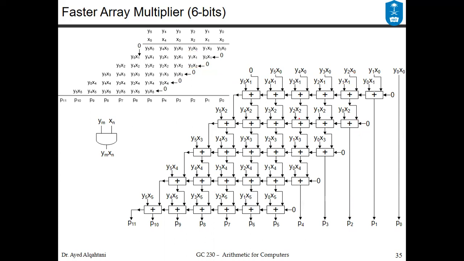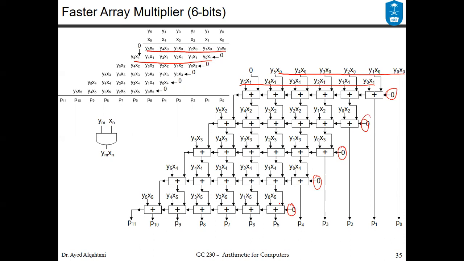You can build this hardware easily by copying this row here. You copy the next row right here. And you continue copying the rows one by one. And you can see that every time we shift to the left. You also notice that because this is the first full adder in every row, we have a carry in of 0.